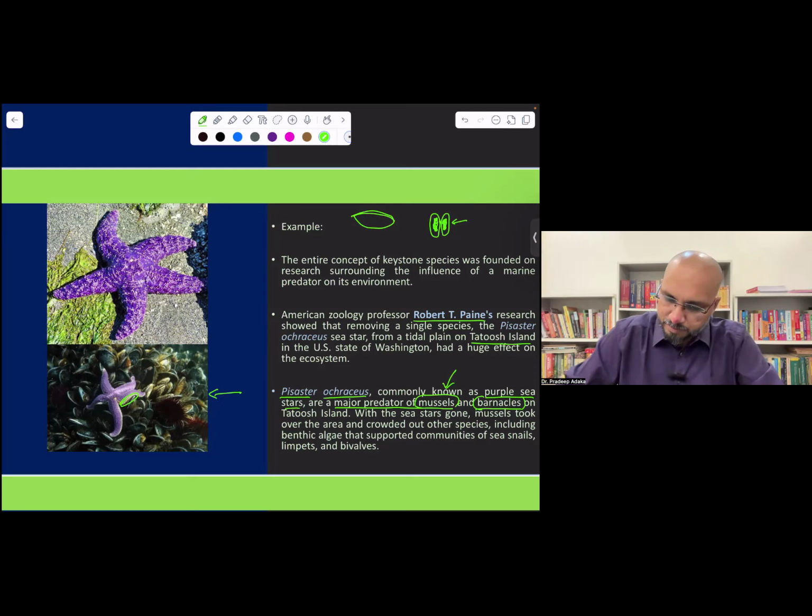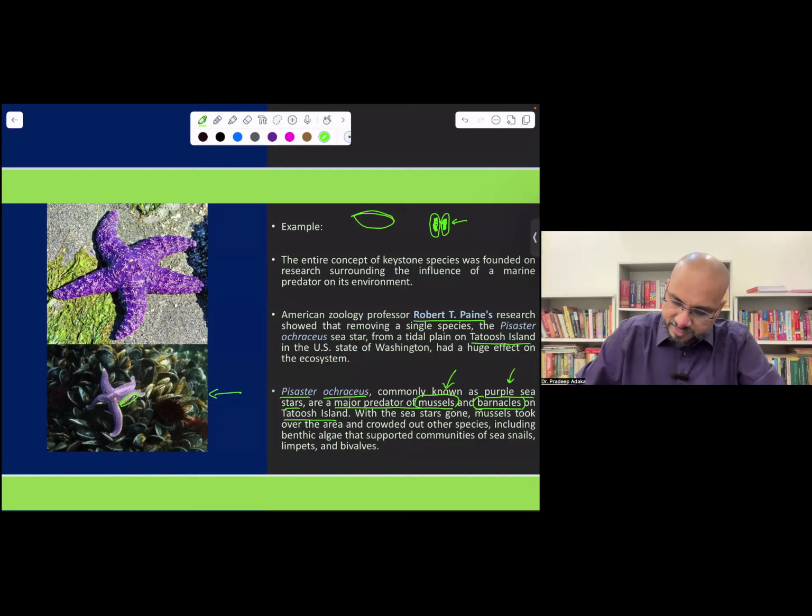So mussels, barnacles, on Tatoosh Island, they are the prey, they are the food for this purple star. Now, if the purple sea star is removed from the ecosystem, so they conducted this experiment where they removed these purple sea stars, and the entire ecosystem collapsed. The mussels, because now there is no predator to control them, took over the entire island.